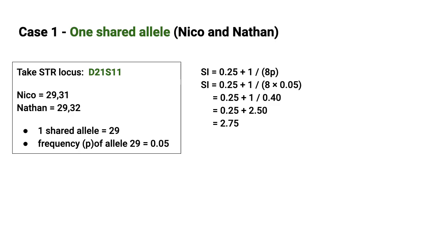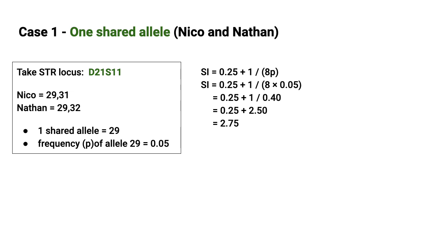Case 1. Here's a case where there is one shared allele between Nico and Nathan. So what does this mean? We take as an example a particular locus, D21S11, with Nico having the alleles 29 and 31 while Nathan has 29 and 32.